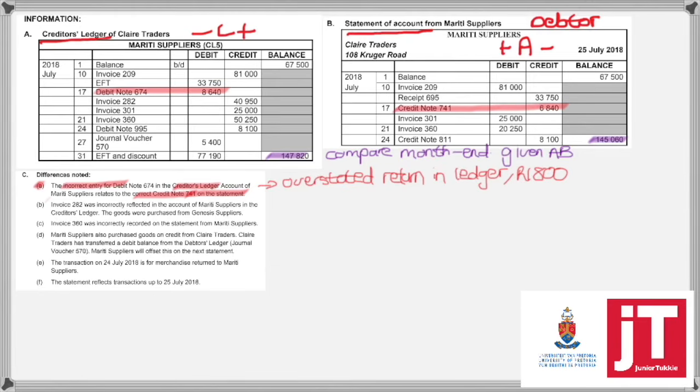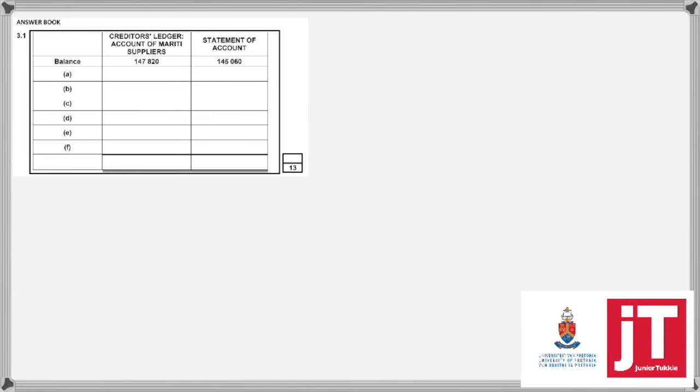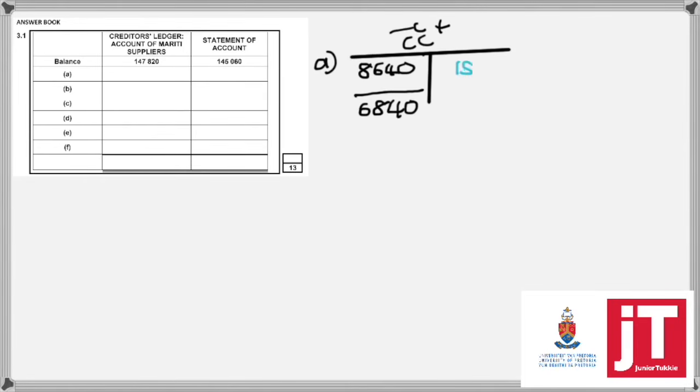So on my answer booklet, if you're not sure whether that 1,800 will have a positive or negative effect on the balance, I would advise to do a T account. So if I look at the creditors control account, remember we made the mistake. We've recorded it as 8,640.